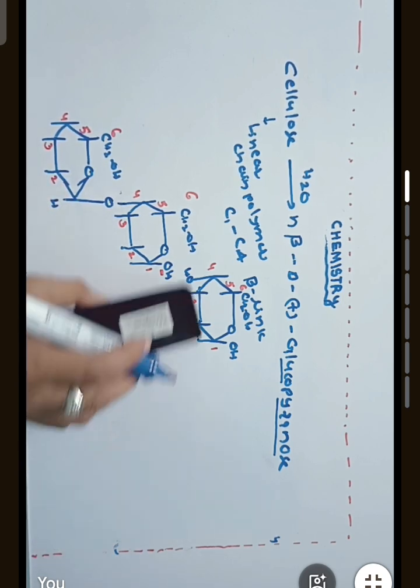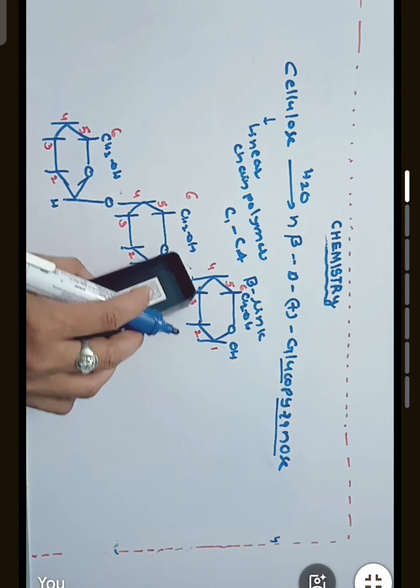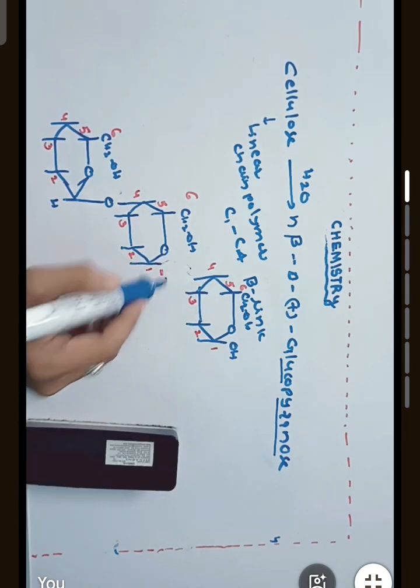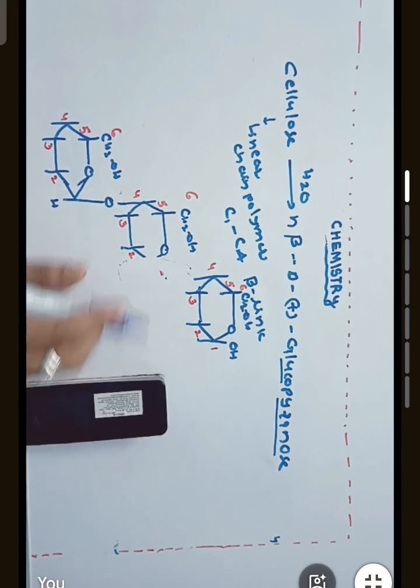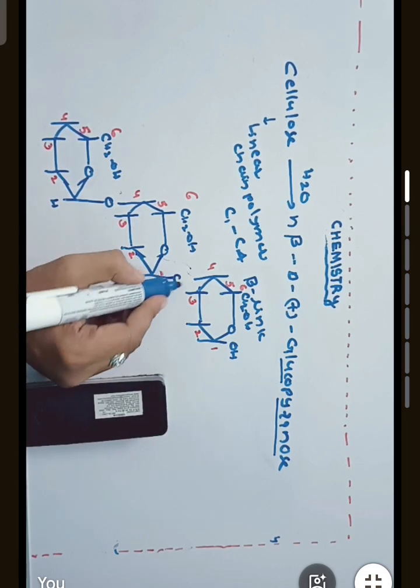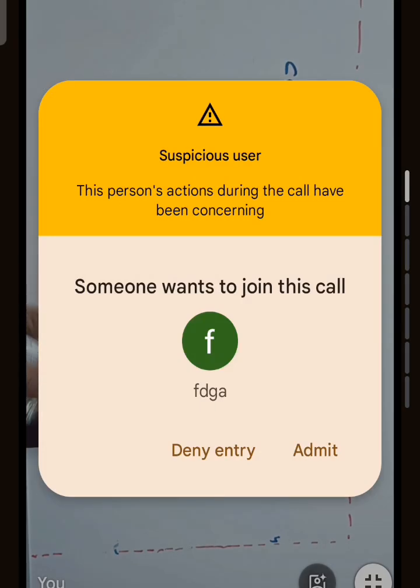Here also the oxygen atom is present, C1 C4 carbons by removal of water molecules. Just keep extending the structure; the oxygen atom is present between monomers.